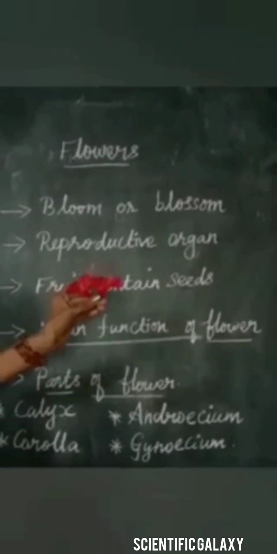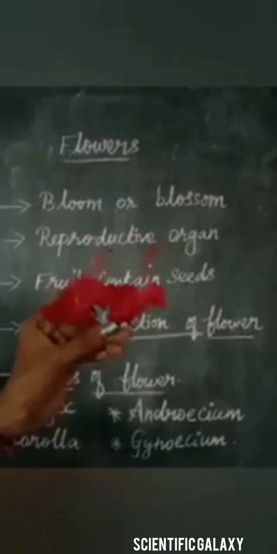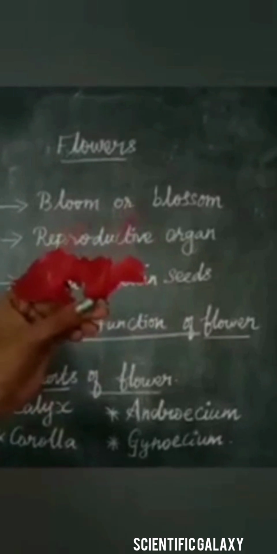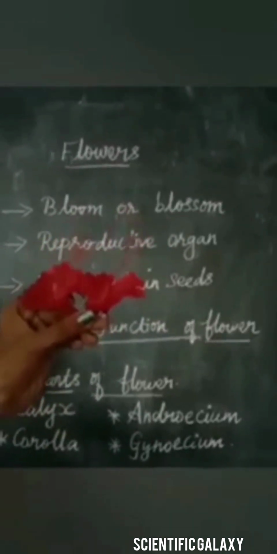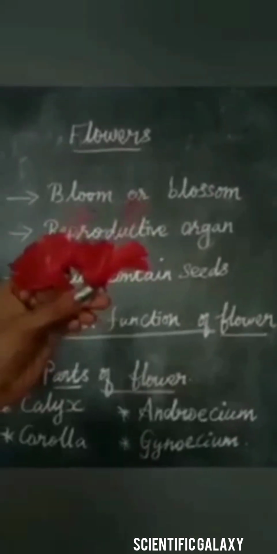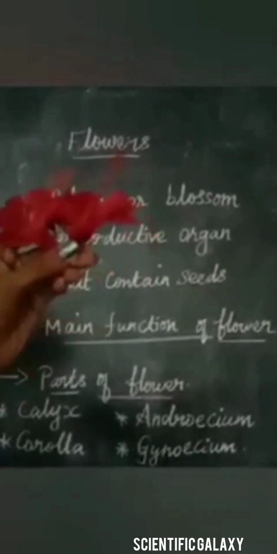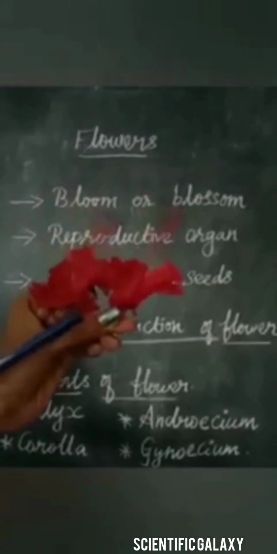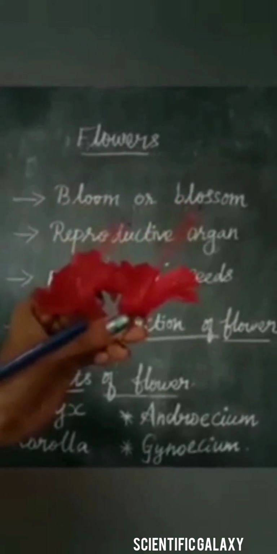So see students, what is this? Yes, very good. This is a shoe flower, or else the botanical name is Hibiscus rosa-sinensis, hibiscus flower. Okay. So a flower is known as a bloom or blossom, right? It is a reproductive structure found in flowering plants.